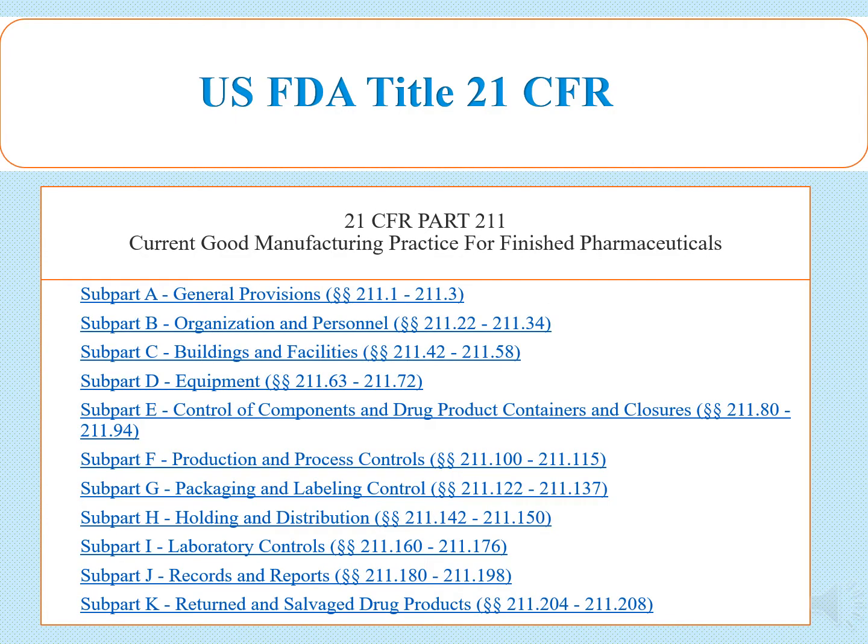21 CFR Part 211. Current good manufacturing practice for finished pharmaceuticals has 11 subparts from A to K. Subpart A, General Provisions, 211.1 to 211.3. Subpart B, Organization and Personnel, 211.22 to 211.34.